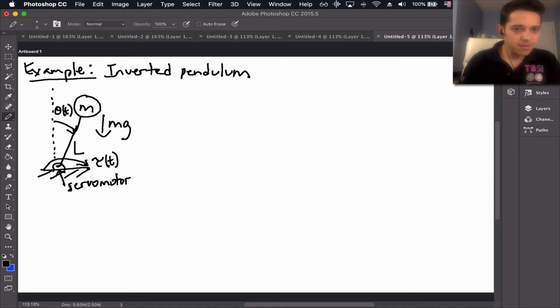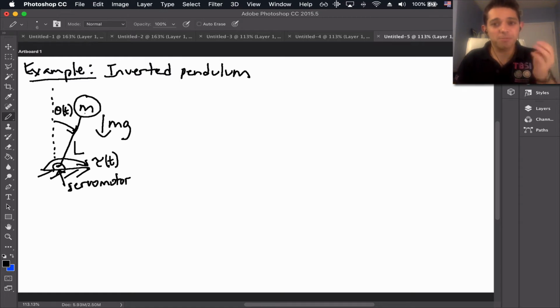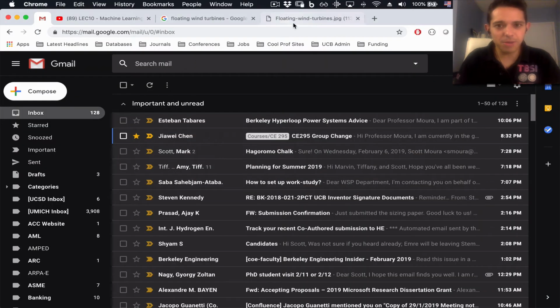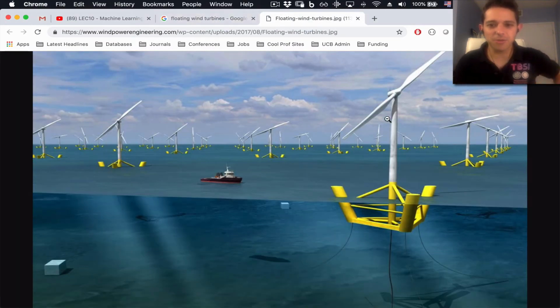Okay, now this might seem like a completely arbitrary textbook example designed to teach theoretical concepts, and that is true. But it turns out that this particular example has a very close and important and timely energy application. So I want to go into my browser here and actually talk for a minute about floating wind turbines. So something that's very interesting about the wind resource is that there is a tremendous amount of wind offshore.